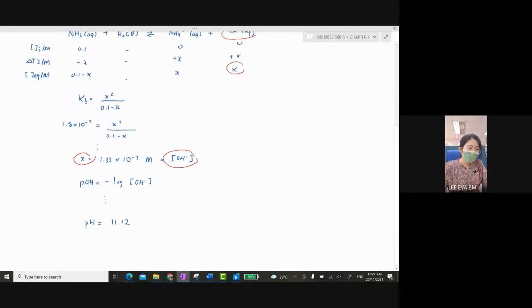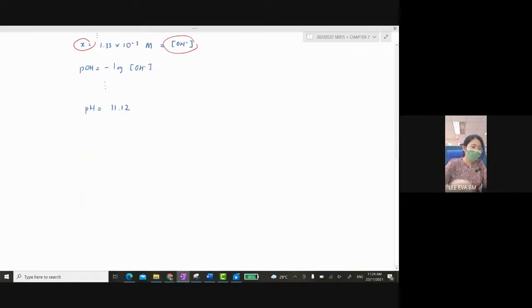Okay, and then the third step, we want to find the pH at equivalence point. So again, you have three equations at this point.